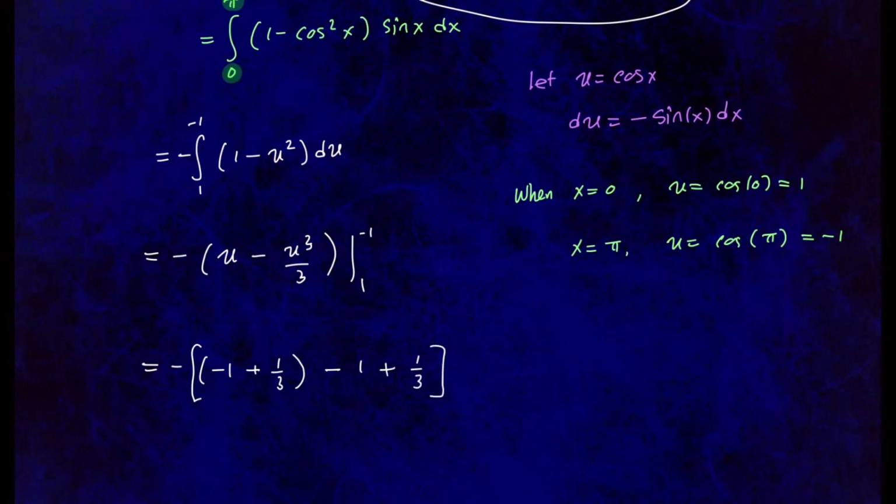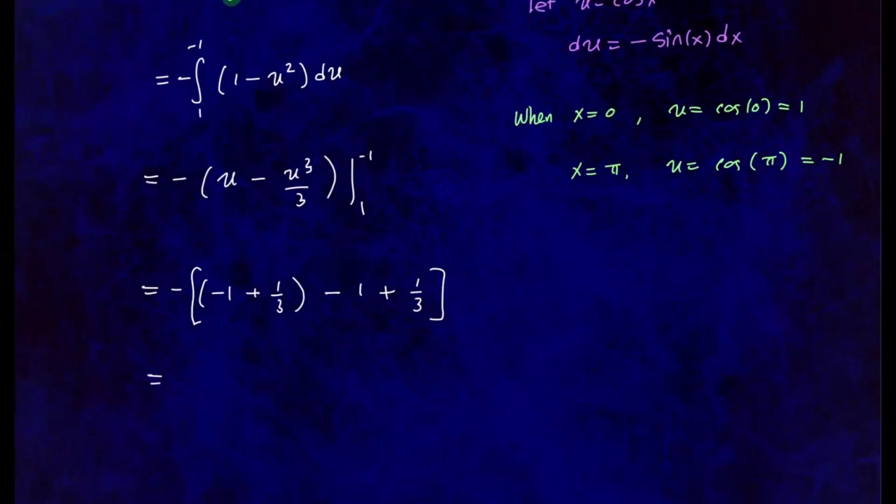All right, now we simplify. So this is going to give us a negative outside. Negative 1, and now this parentheses is irrelevant, so we don't really need that. Negative 1, that's negative 2. So this is going to be negative 2, and then 1/3 and 1/3, that's 2/3.